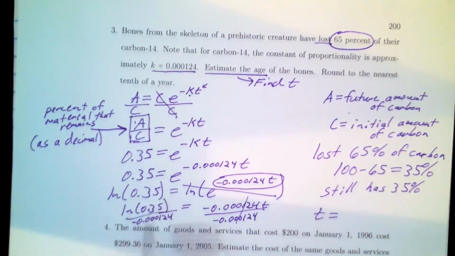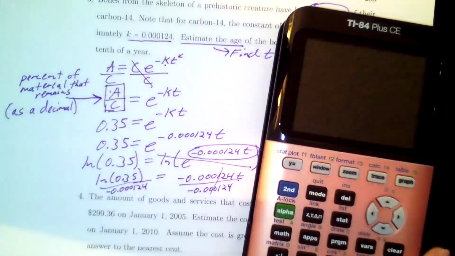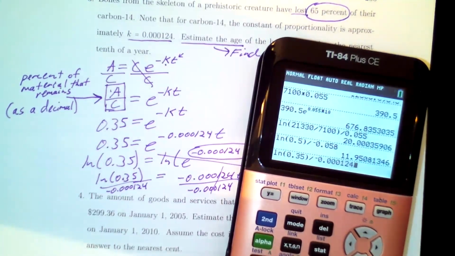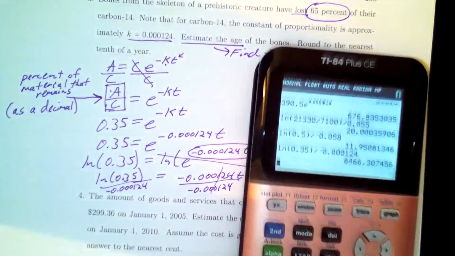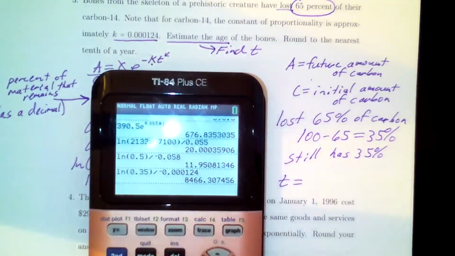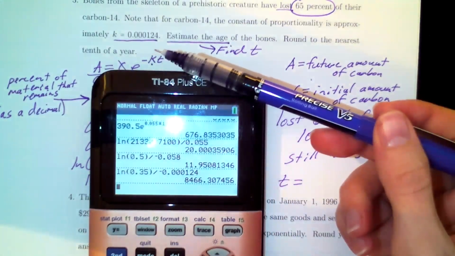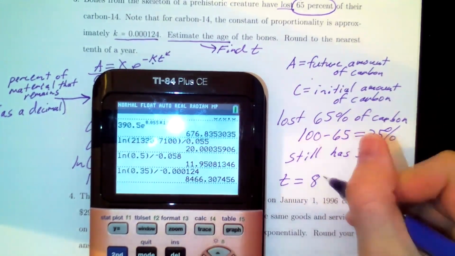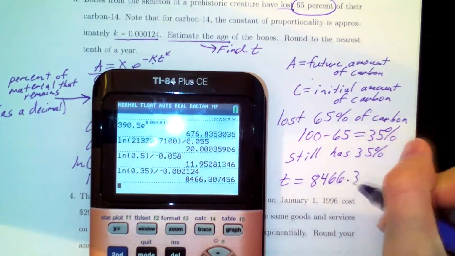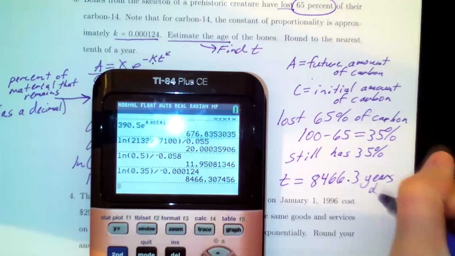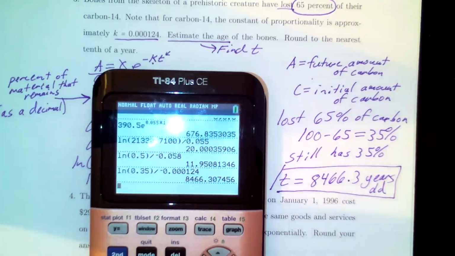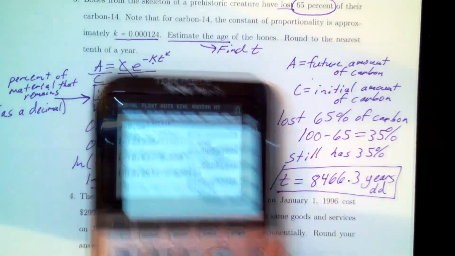So T is ln of 0.35 divided by negative 0.000124. When we get that for T, let's round how they tell us. They say round to the nearest 10th of a year, so that means 1 decimal place. So my creature is 8,466.3 years old. All right, and that is the end of that problem.